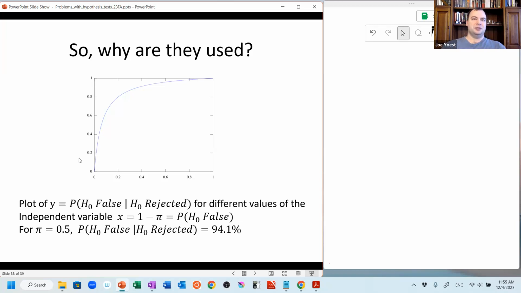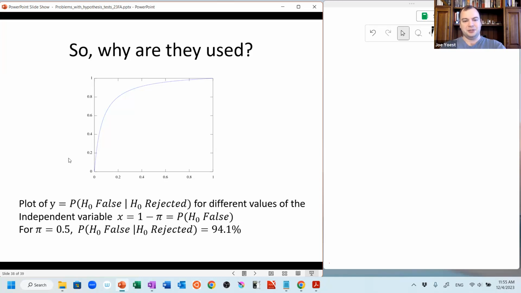In other words, there's a large amount of discord between the Bayesian approach and the frequentist approach when we're on the left side over here. When we have a null that we're very confident is true, the Bayesian and the frequentist are going to come up with two very different conclusions.